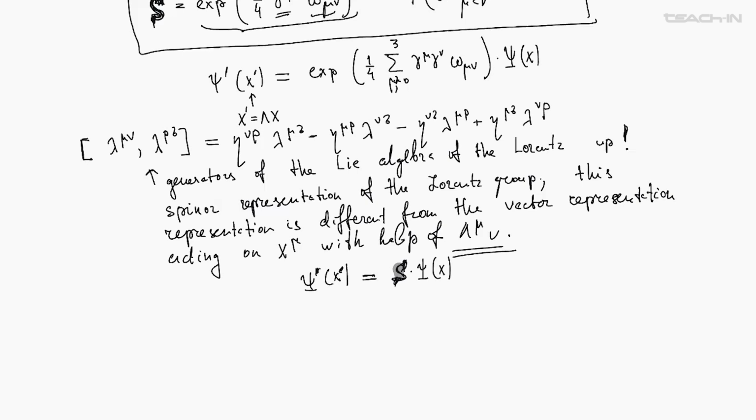And this is how this matrix S is an element of the Lorentz group, but now realized in terms of 4x4 matrices acting on components of our spinor, such that the Dirac equation remains covariant.